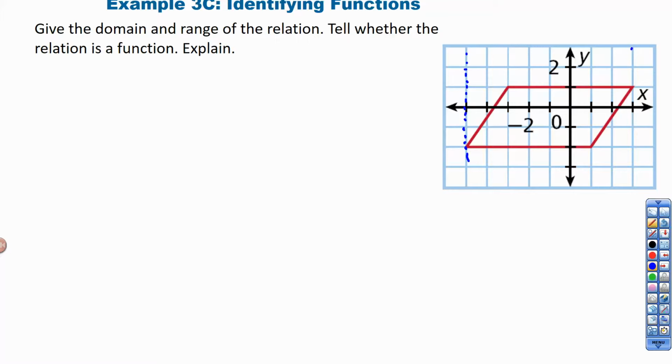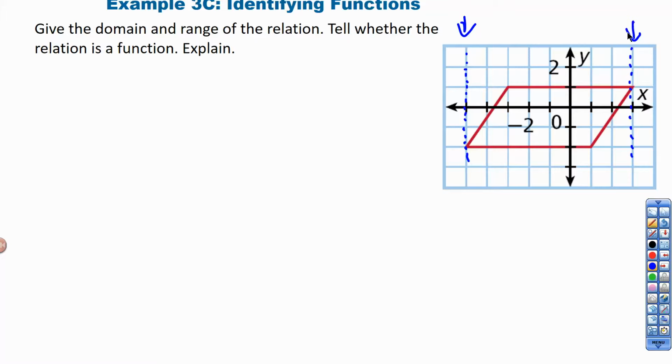Yes, I'm still recording. Did you see these dots right here that I just made? From this blue line that I drew on the left to here, what is this called? Is it the domain or the range?